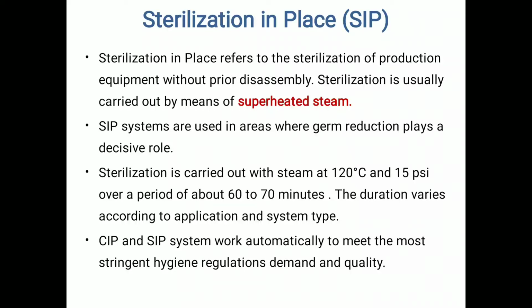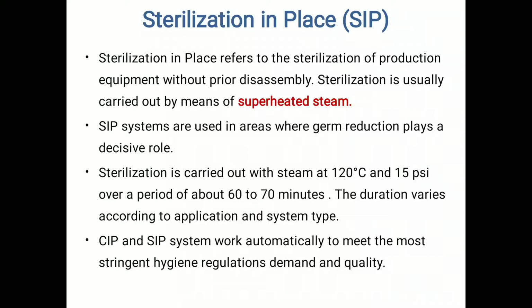Then the next system is sterilization in place, that is SIP. Sterilization in place refers to the sterilization of production equipment without prior disassembly. Sterilization is usually carried out by means of superheated steam. SIP systems are used in areas where germ reduction plays an important or decisive role.